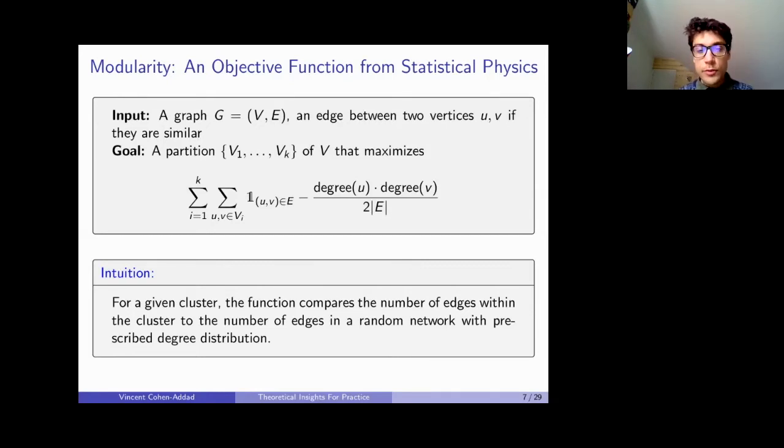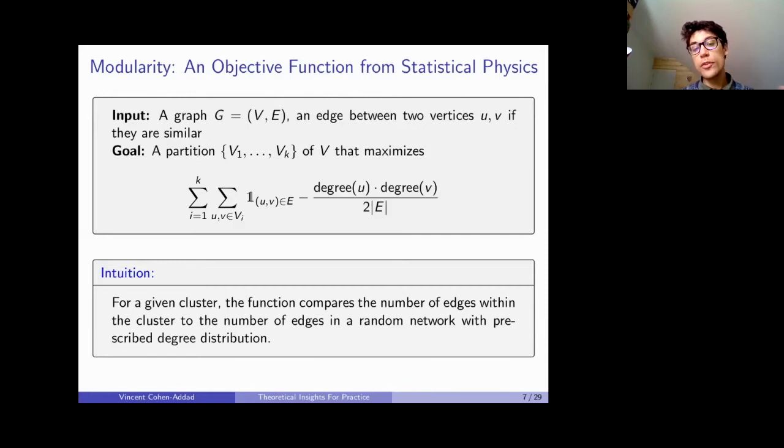But why do we do that? The intuition from the people who designed it, about 10 years ago in statistical physics, was that for a given cluster, it's a function that compares the number of edges you have in the cluster, which is the first term, to the expected number of edges between these two vertices in a random network where the degree distribution is prescribed.